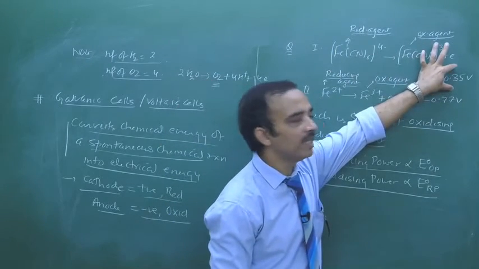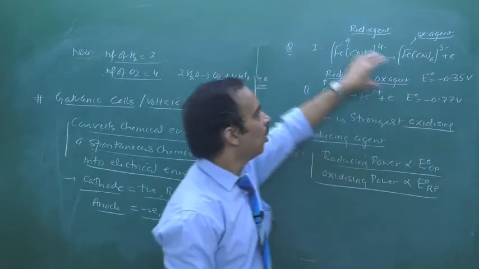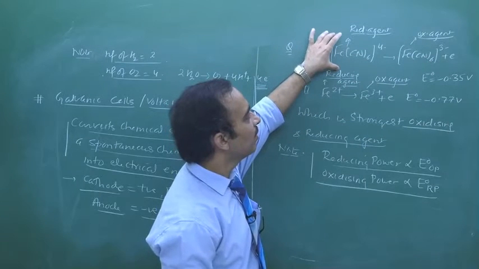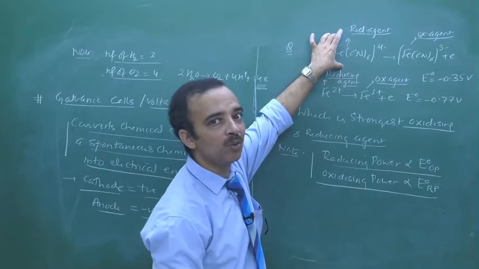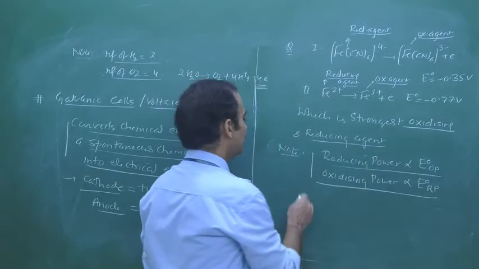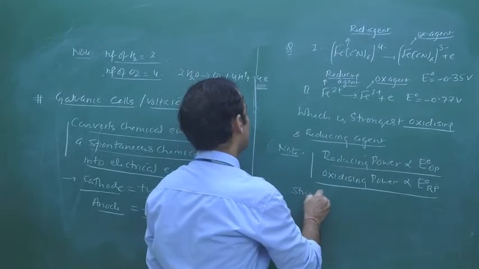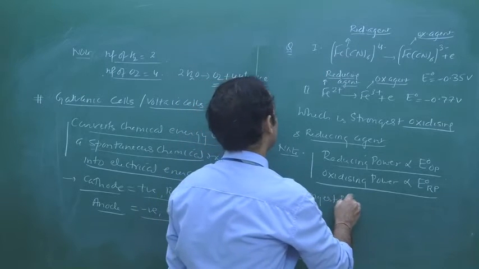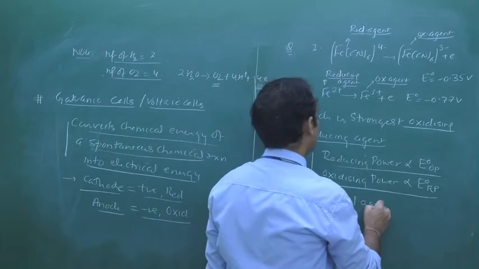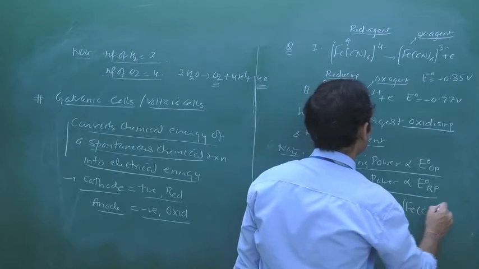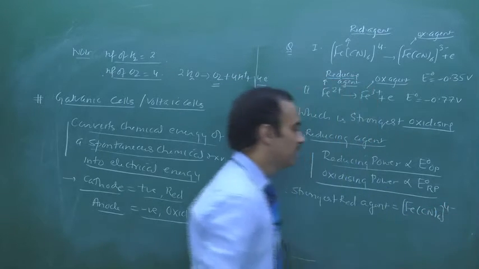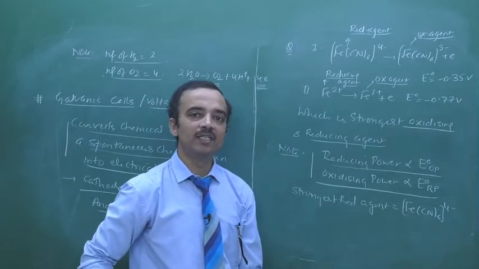This value is mathematically more than this value. That's why its reducing power is more. So the strongest reducing agent is Fe(CN)6 4-.